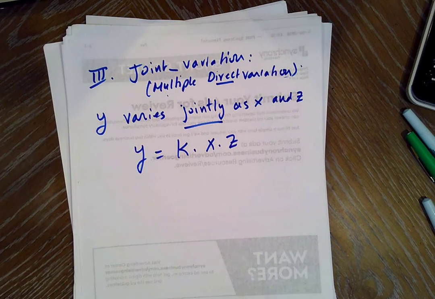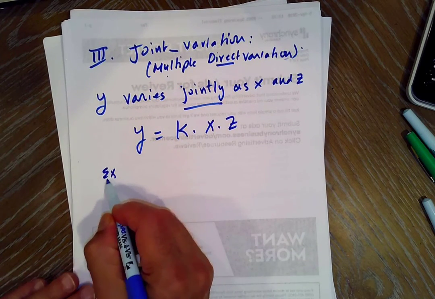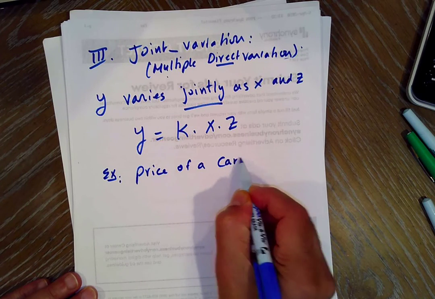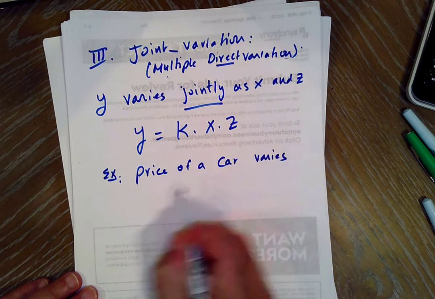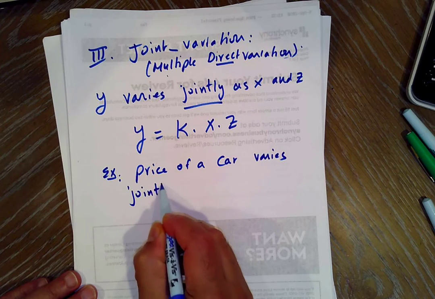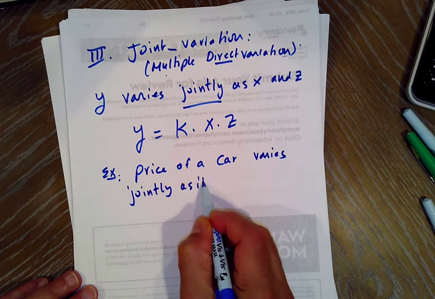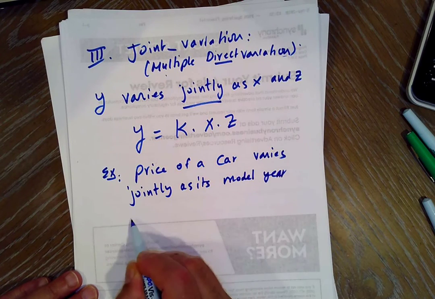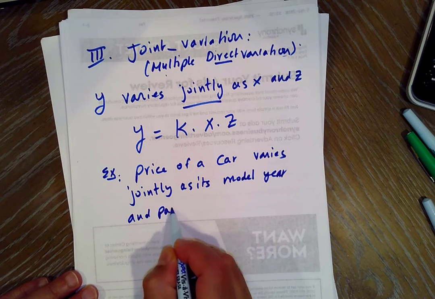Okay, so as an example, the price of a car varies jointly as its model year and packages included.